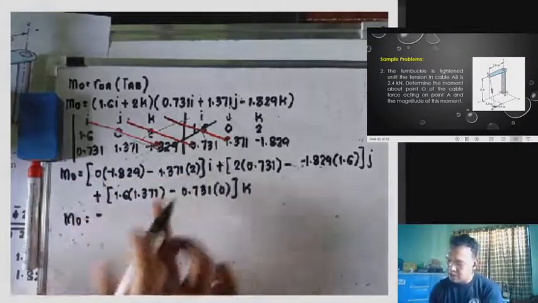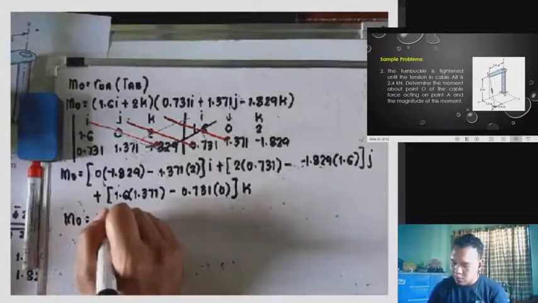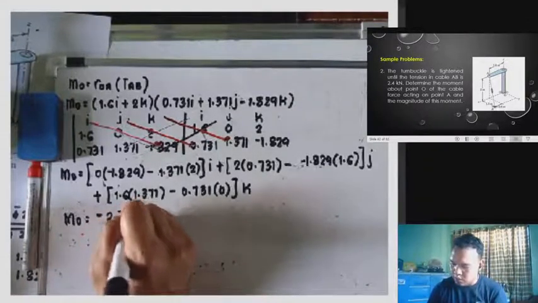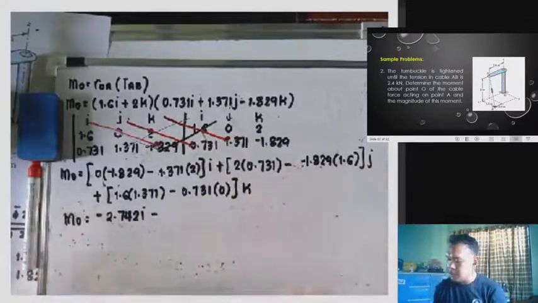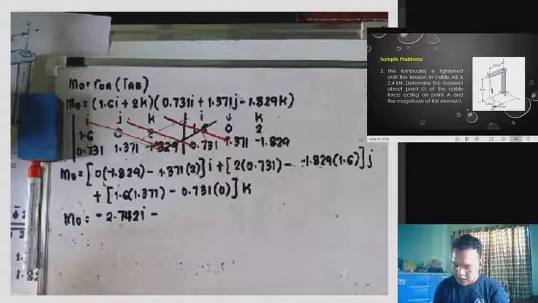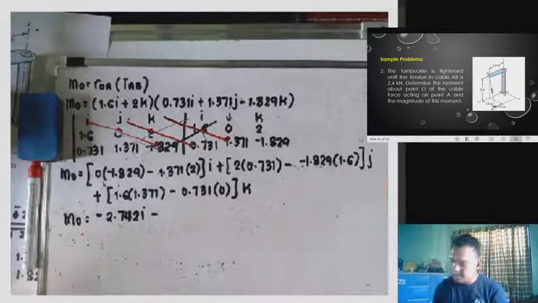Okay? So, ngayon, we have here MO is equivalent kay negative, pagsamahin mo lang, so ito ay 0 na, we have here negative 1.371 times 2, we have here negative 2.742i, tapos ito pagsamahin natin, we have here 2 times 0.731 plus, magiging plus na to kasi negative, plus 1.829 times 1.6.